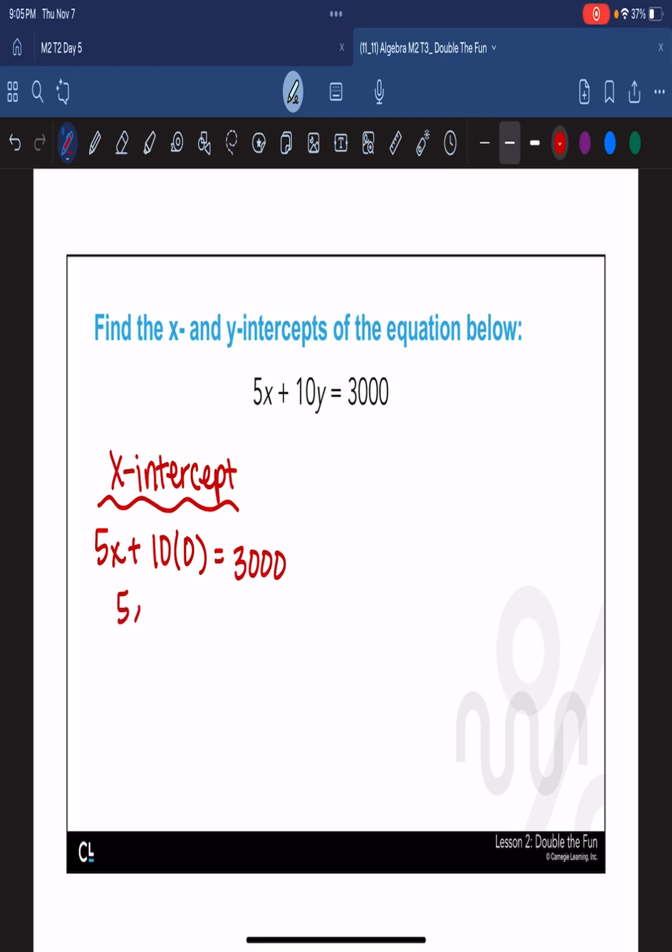So really I have 5x plus 0 equals 3,000, which means 5x equals 3,000. Then I need to divide by 5 to isolate the x. So x equals 600. That means my x-intercept is at (600, 0).